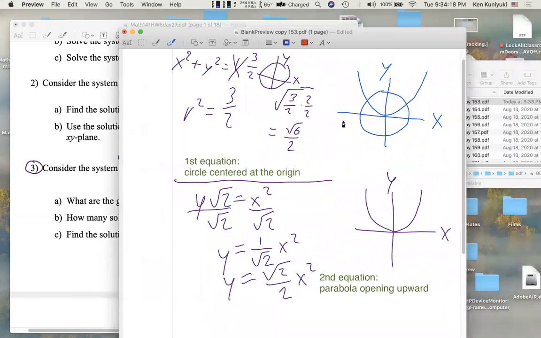How many intersection points do you see between the circle and the parabola? We're going to get, for sure, 2 points. In fact, they'll be symmetric about the y-axis. And by the way, the vertex for the parabola is at the origin.